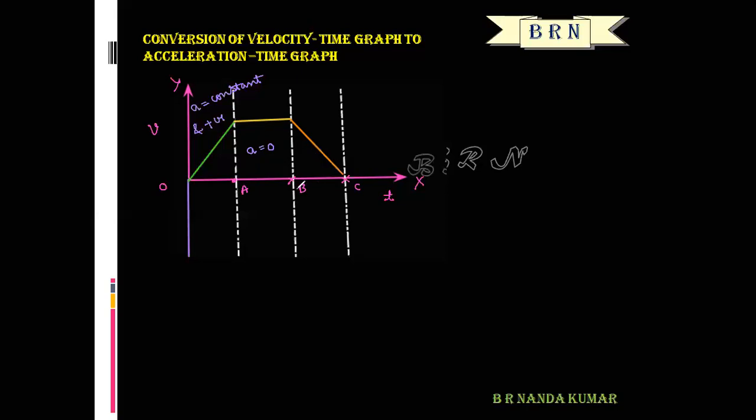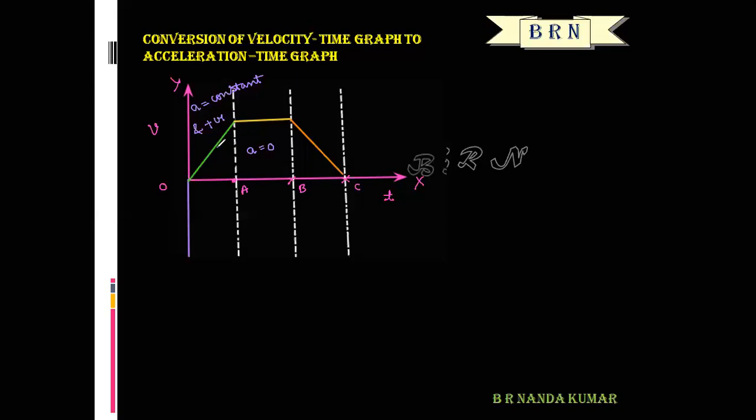Actually here, as the time increases, the velocity of the particle changes. Velocity of the particle decreases by equal amounts in equal intervals of time. So from O to A, particle velocity increases by equal amounts in equal intervals of time.